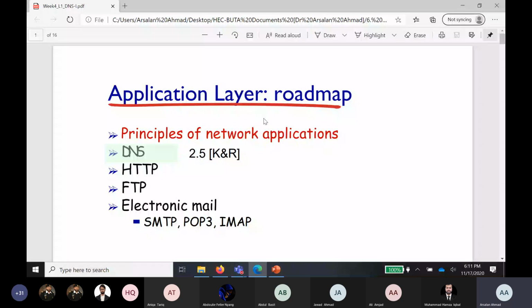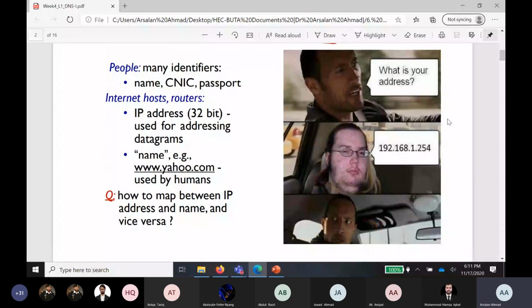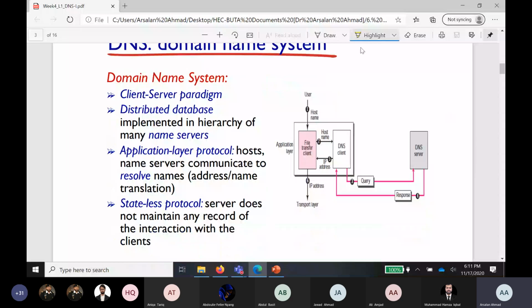So we started discussing DNS, and we said that DNS is a unique protocol, because it's a protocol which is not invoked directly by the users themselves. Rather, it's invoked by the application layer protocol that is invoked by the user. So, for instance, the user generally invokes HTTP or FTP, and then this protocol invoked by the user in turn invokes the DNS protocol.